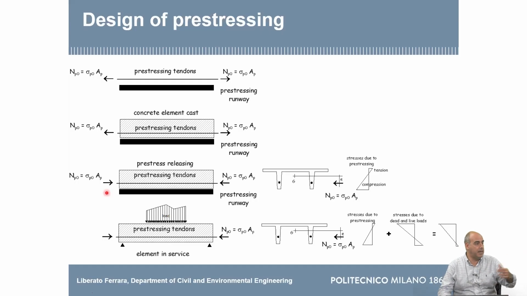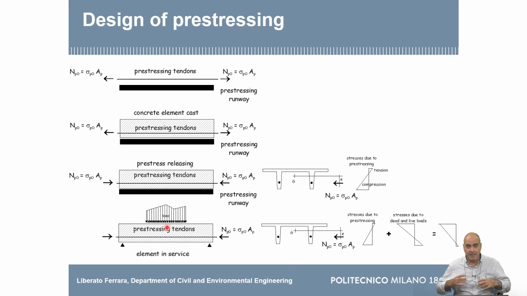If it's a beam in a commercial hall, in a shopping mall, then you will put on the roof, the finishing, and so on. So you will have the application of the other dead and live loads. So the pre-stressed element goes through all these stages, and we have to check all of that.